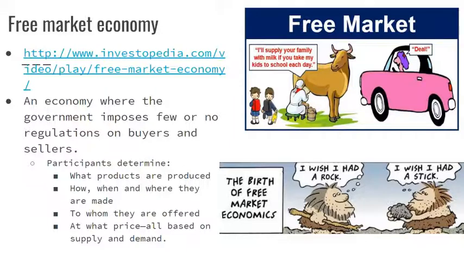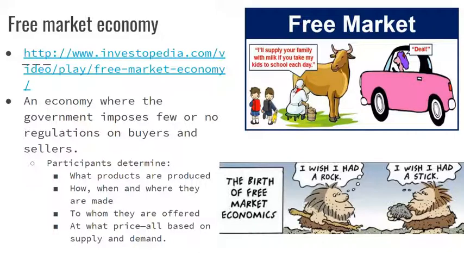Such as milk. Milk has a set price. There is a price ceiling and a price floor. In other words, they will not sell milk for less than that. That is a way to protect the farmer from going out of business. And they won't raise the price of milk too high because they're protecting the consumer, aka children, if you think about it, who drink milk, kids. So it's a protected product.